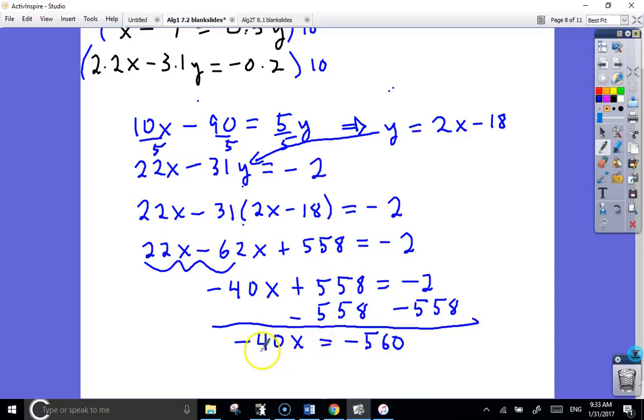So how do you finish solving? Divide by negative 40. You have to flip the equal sign? Does that make sense? That's a trick. Okay, what's negative 560 over negative 40? Negative 560 divided by negative 40. 14. Positive.